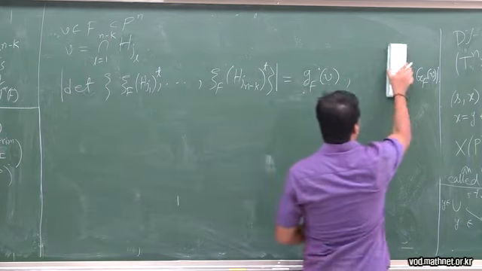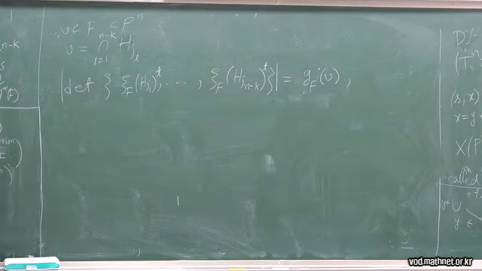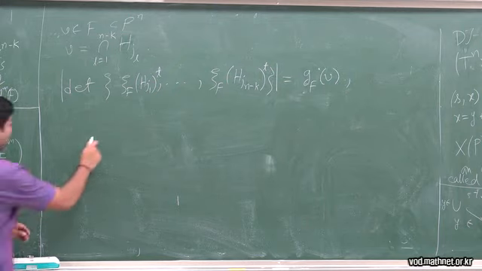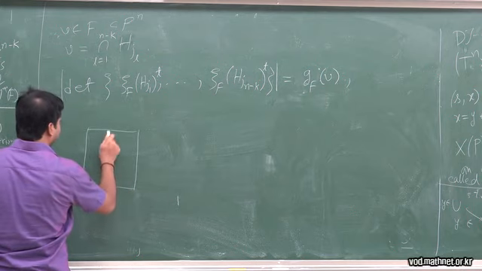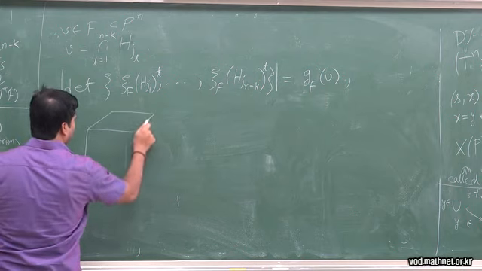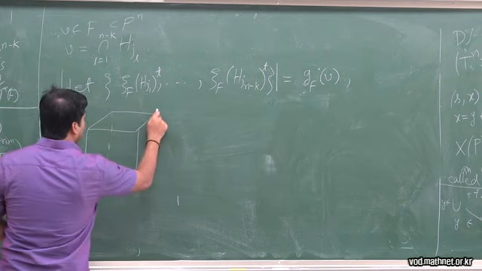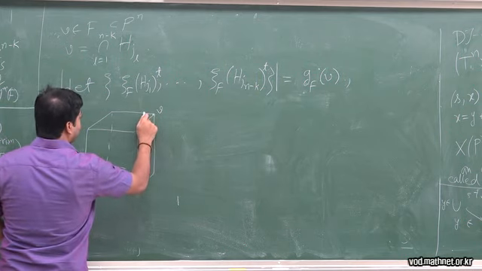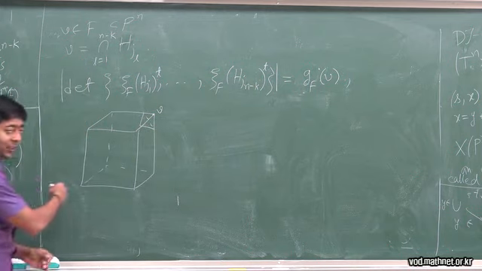Here is the importance of needing the primitive one. For example, if this comes as a face, and we consider this vertex, then what will happen? We need to cut this vertex.